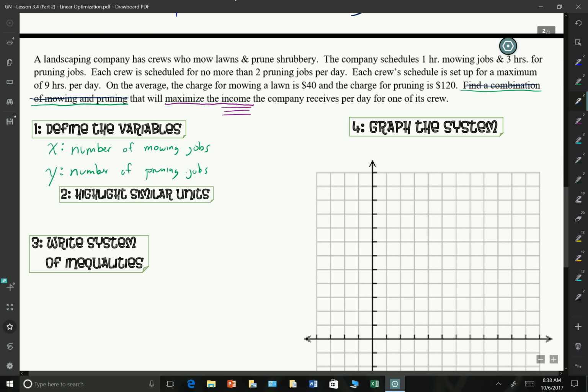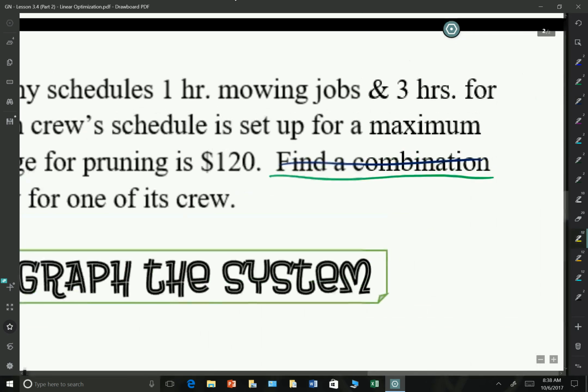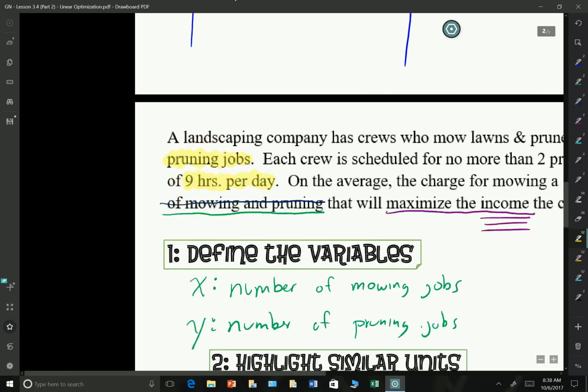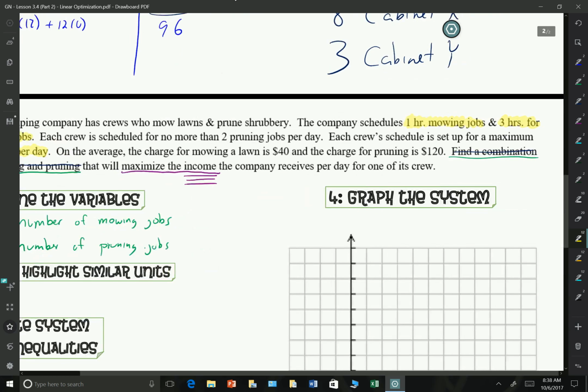All right, what units do we have? Hours. I see 1 hour for mowing and 3 hours for pruning, and you said 9 hours. So that's the total, but let's look to see, is there something important about that 9 hours per day? A maximum of 9 hours per day.